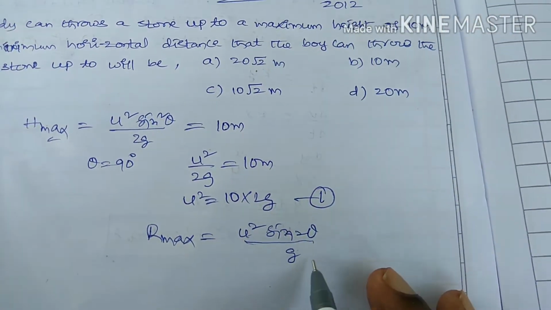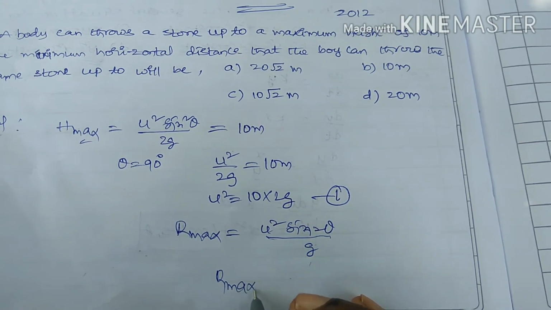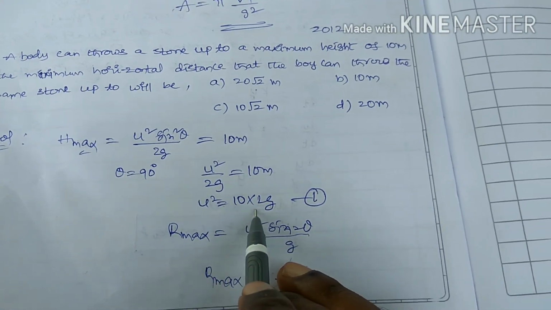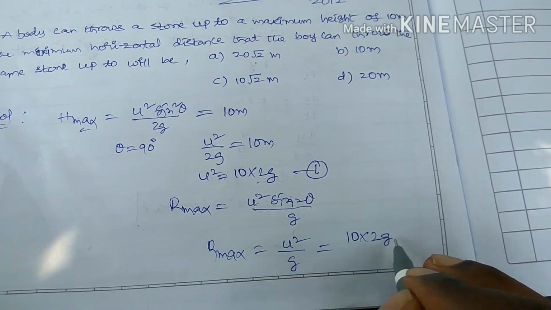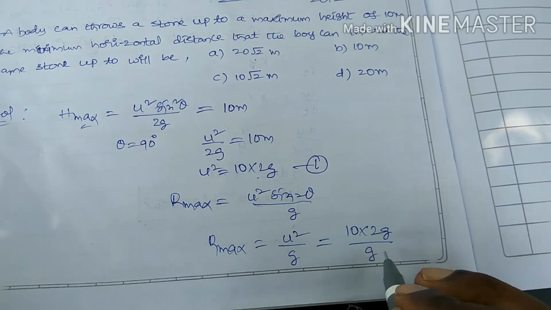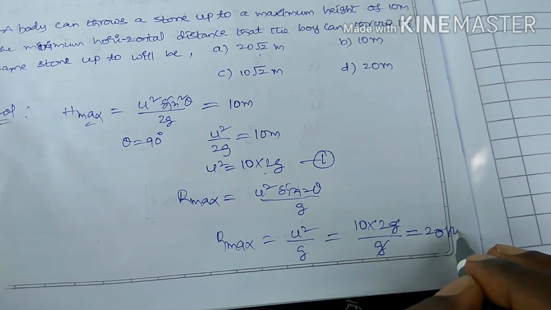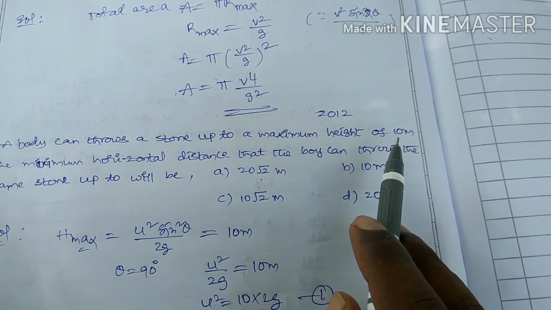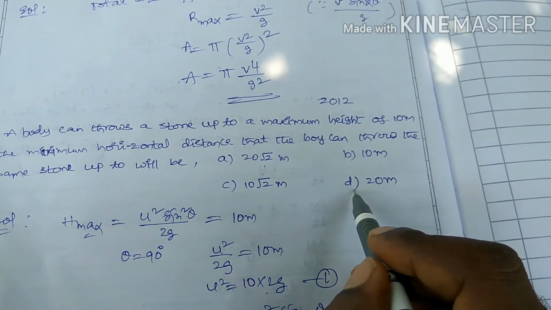So r maximum is equal to u square by g, where u square is equal to 10 into 2g. So we can simply substitute 10 into 2g by g. It will be cancelled out, giving 20 meters. So the horizontal distance is equal to 20 meters, and the vertical distance, that is the maximum height, is equal to 10 meters. So this is the 20 meters.